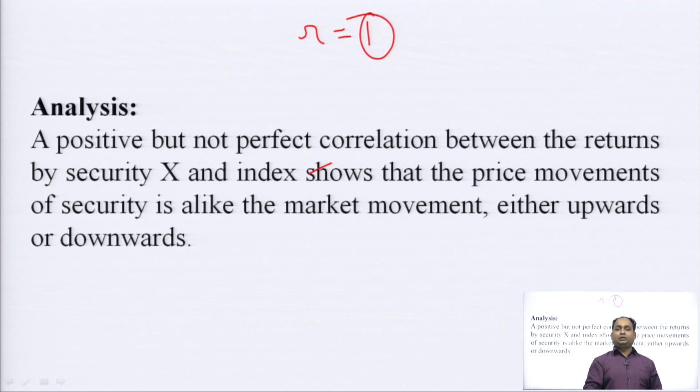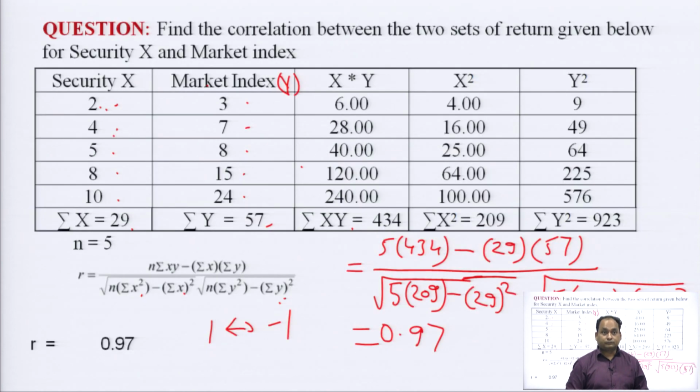A security having a high level of positive correlation will have a lower risk profile. A security with low positive correlation has a little more risk with that security, but a security with completely negative correlation with the market is definitely a high risk security.